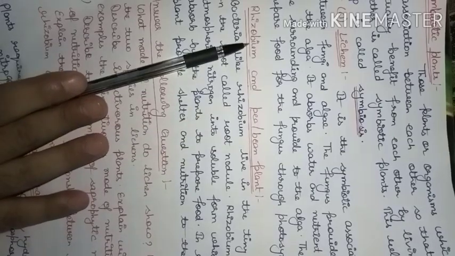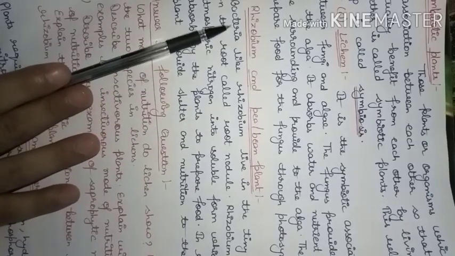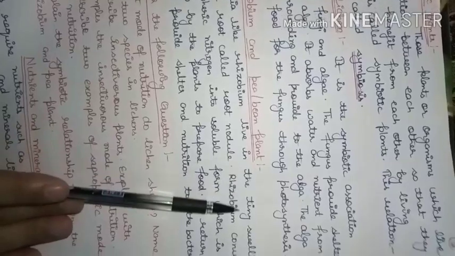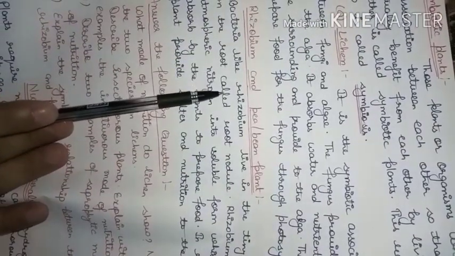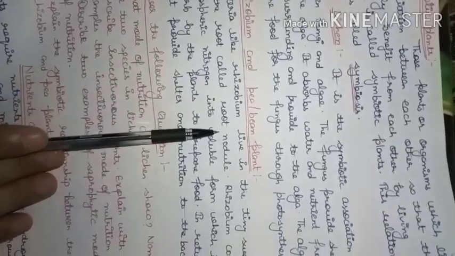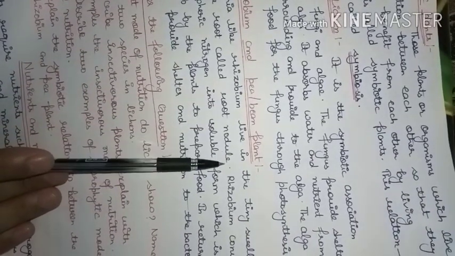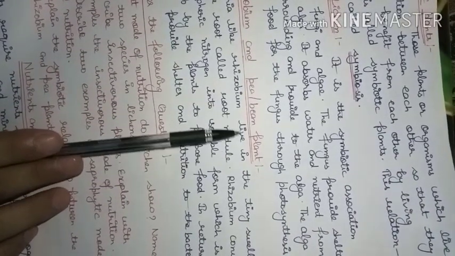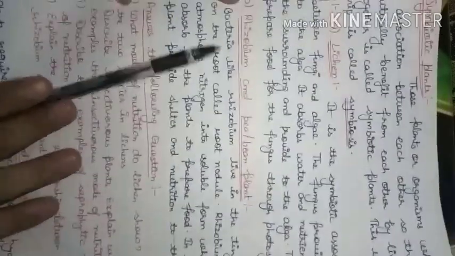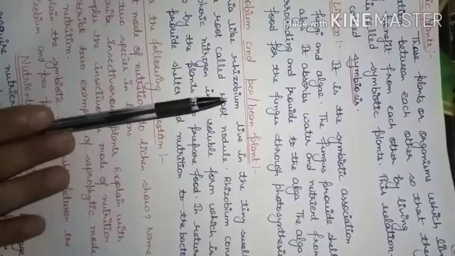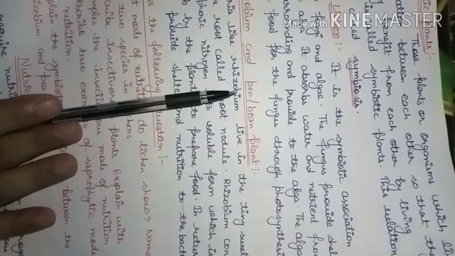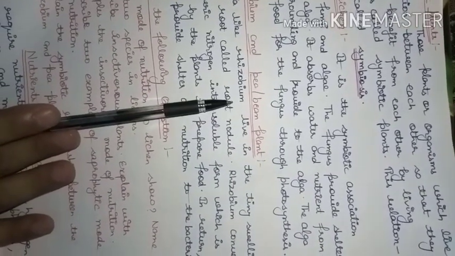So rhizobium is a bacteria. Bacteria like rhizobium live in the tiny swellings of the root, called root nodules. Some plants like the pea plant and bean plant have swollen roots. In the root swelling they contain a small bacteria, and that bacteria is called rhizobium.